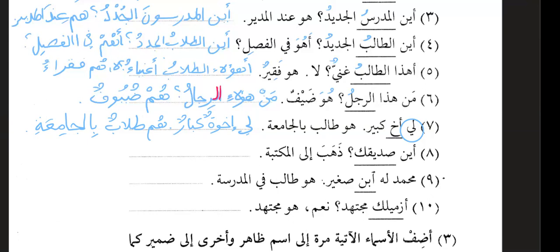Yes, so what does لي mean? How do you translate it? For me, mine. My. So how would you translate it? I have. نعم. One at a time. So لي is the same as عندي. I have big brothers. لي إخوة كبار. نعم, I have big brothers.